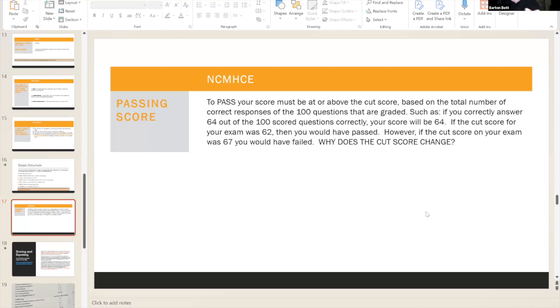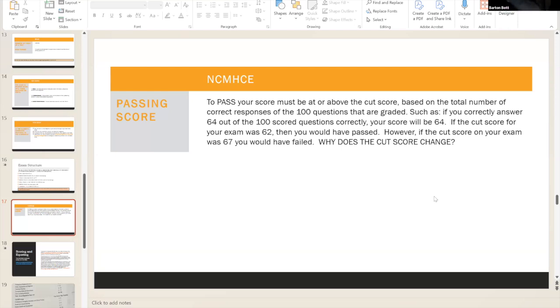So why does the score change from exam to exam? Because each exam is a little bit different, and the degree of difficulty for each question is determined when they make the exam. The computer does this. As such, one exam might have 10 scored narratives that are a little harder than another exam's 10 scored narratives. The one that has the easier ones would have a higher passing score.